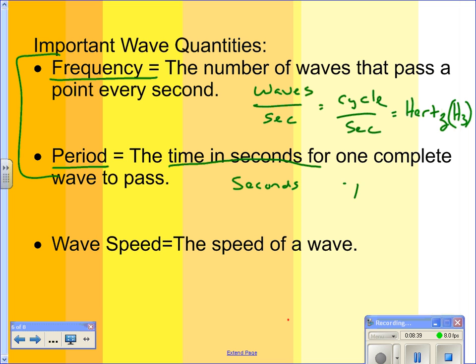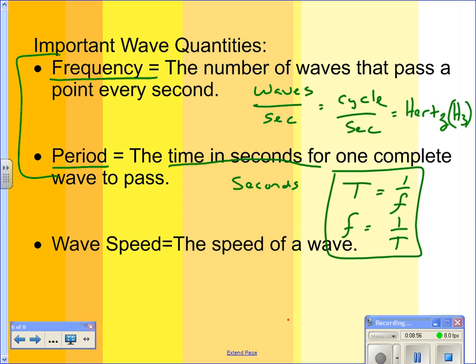The period, which is given the variable T, maybe because it's measured in time, is inversely related to the frequency. And if I know the frequency, it's inversely related to the period. So those two are interchangeable. If we know one, we by definition know the other.